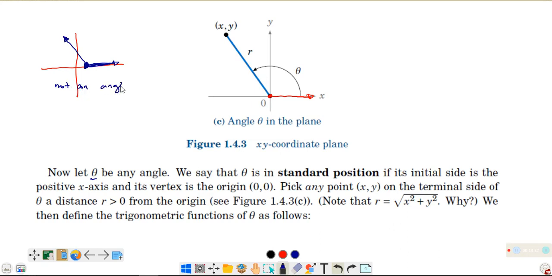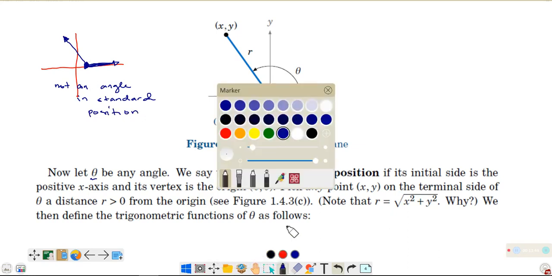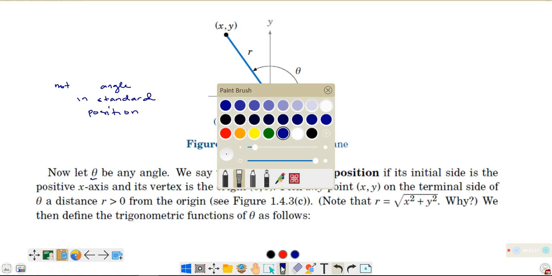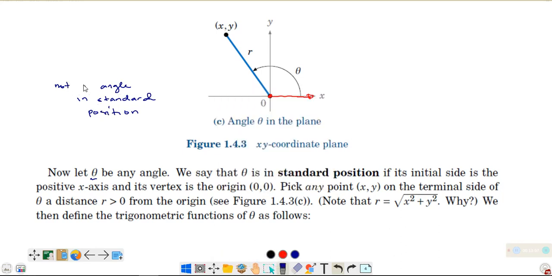So this is not an angle in standard position. So, hindi ito valid na angle in standard position. Okay? Gawa tayo ng isa pang example. Hindi ulit angle in standard position. So, naglalagay tayo ng counter-example dito para mas maintindihan nyo kung ano yung tama at saka kung ano yung mali.